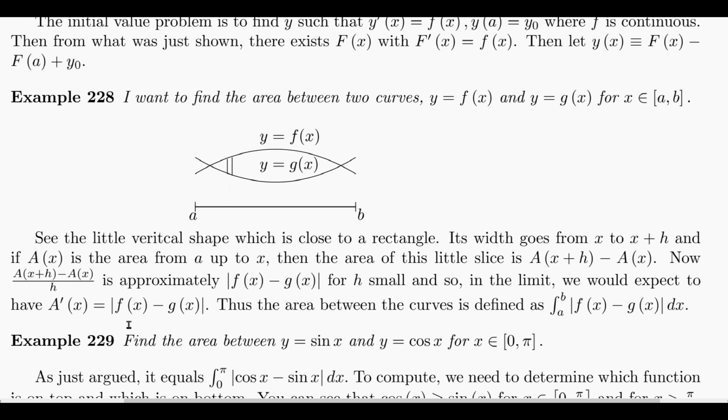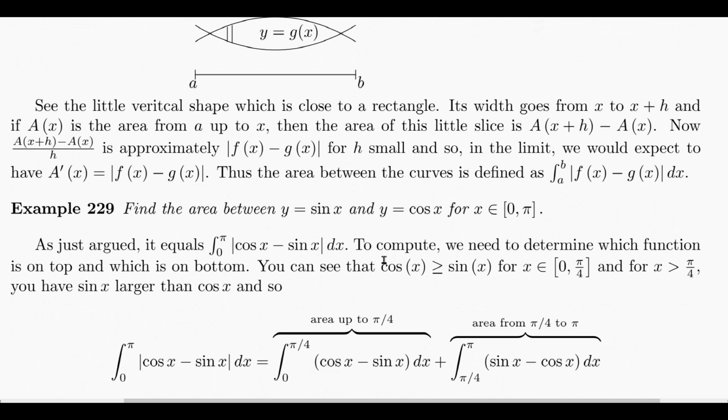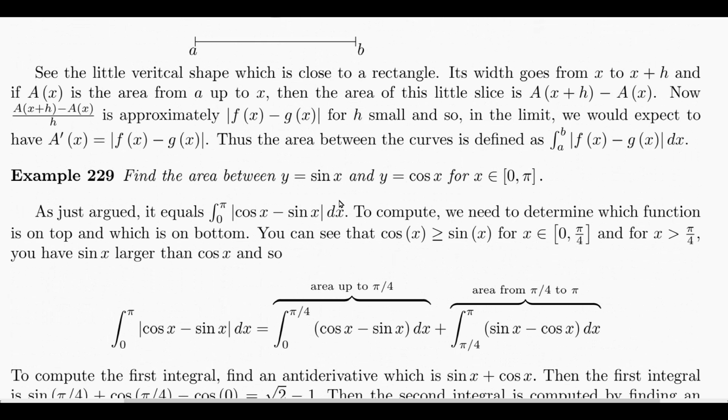So in the limit I would expect to have a prime of x equal to f of x minus g of x. And so the area between the curves is this. Now I can do examples involving this. Find the area between sine of x and cosine of x for x element of 0 to pi.